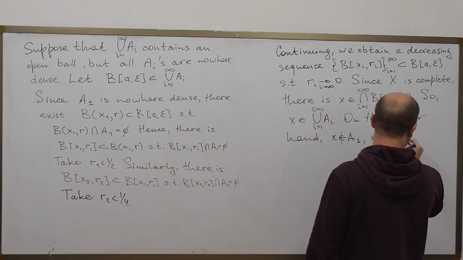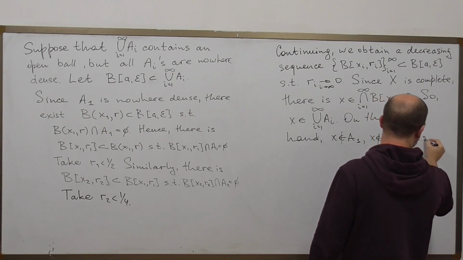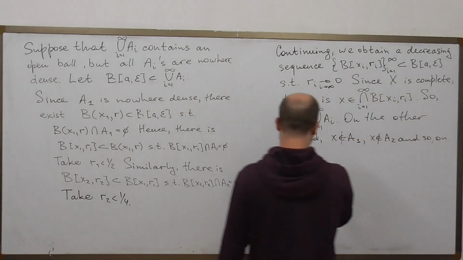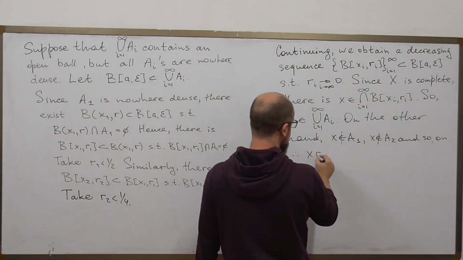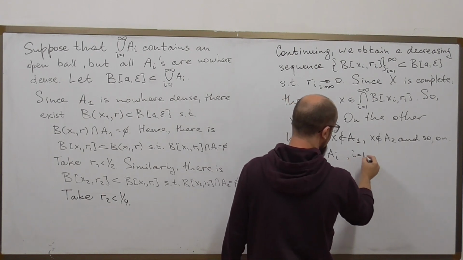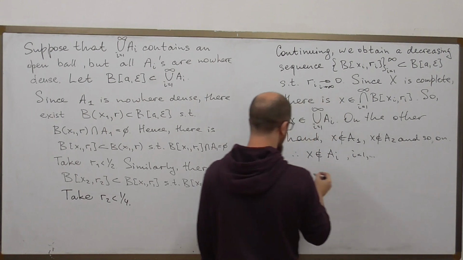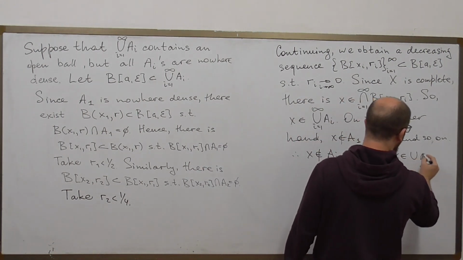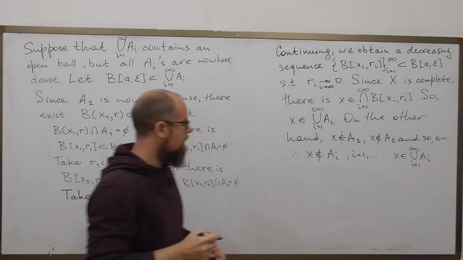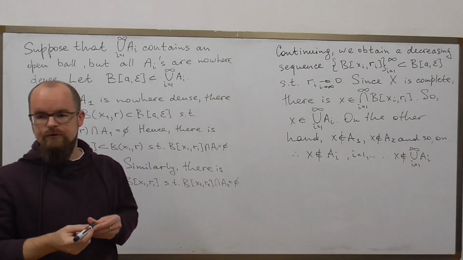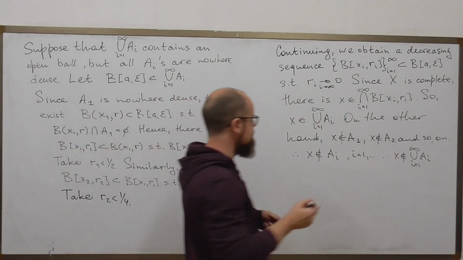And so on. We conclude that x belongs to none of the A_i, and so it does not belong to the union of all of them. So we have obtained a contradiction, which proves the result.